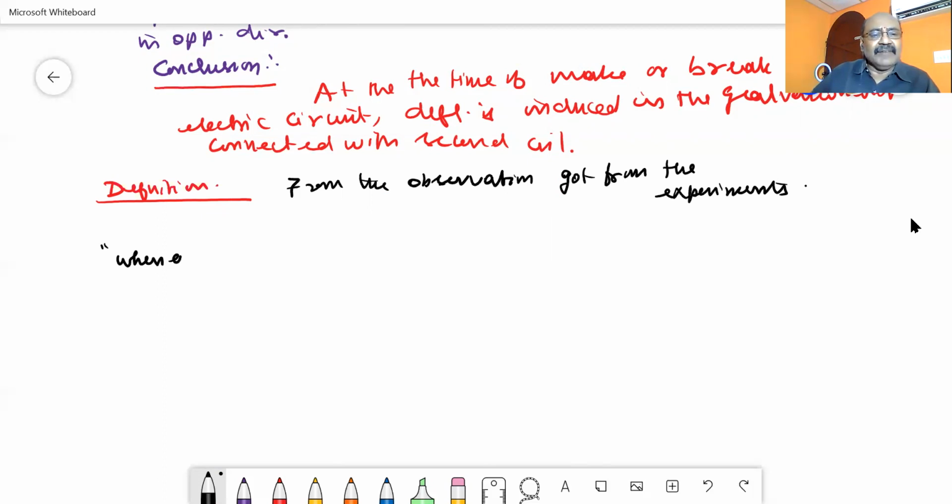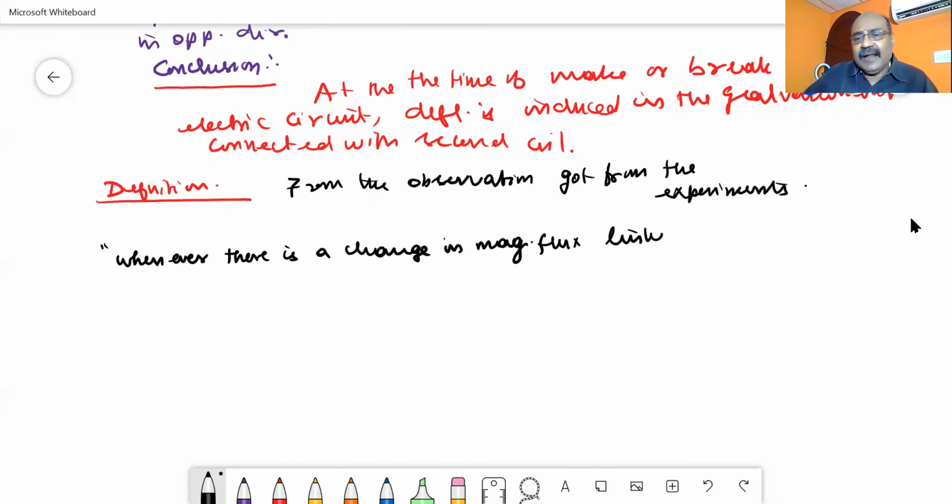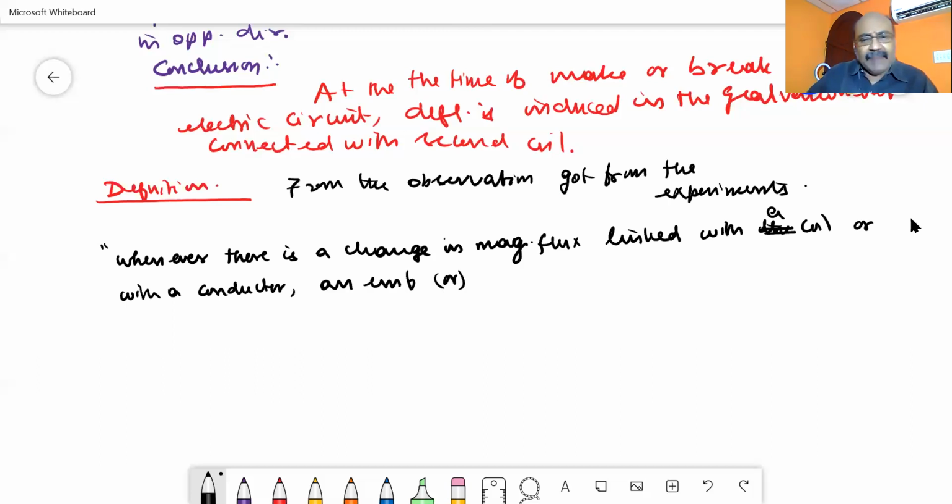Very important: whenever there is a change in magnetic flux linked with a coil or a conductor, an EMF is induced.